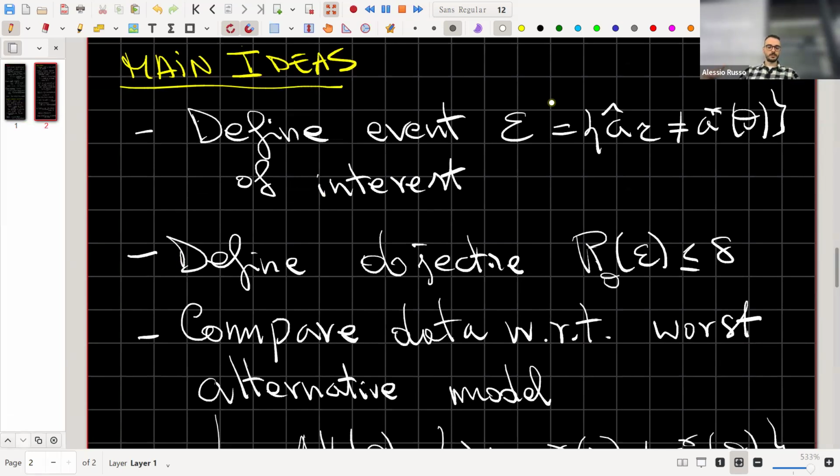Here I wrote the complement, so the event that we don't identify the best arm. For this case, it's the same. You define the event of interest, then you can define the correctness objective: the probability that this event will happen is at most delta.